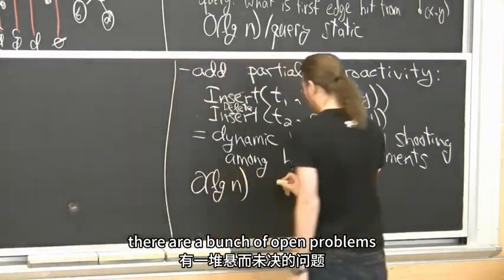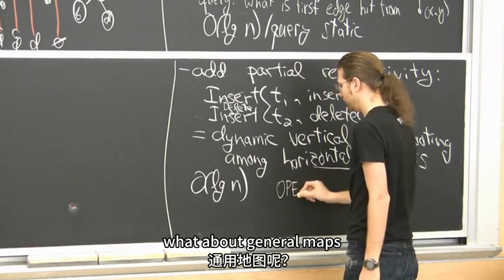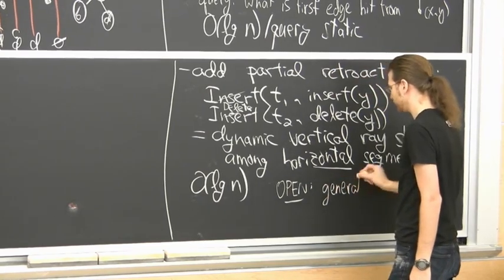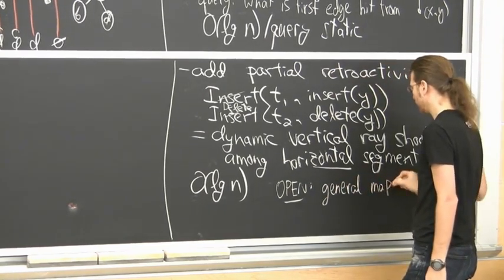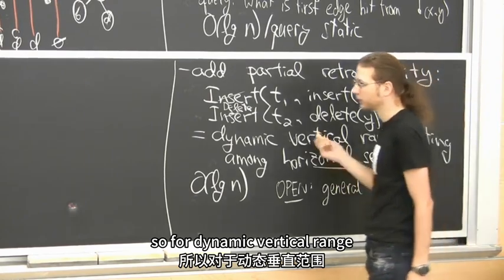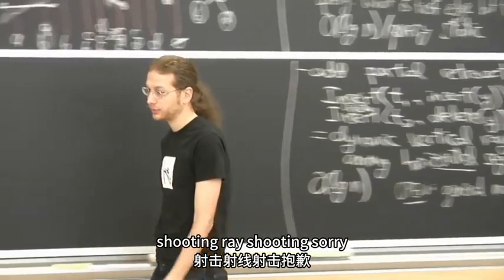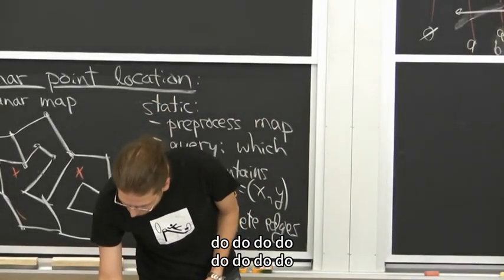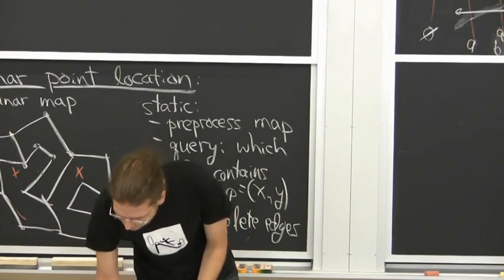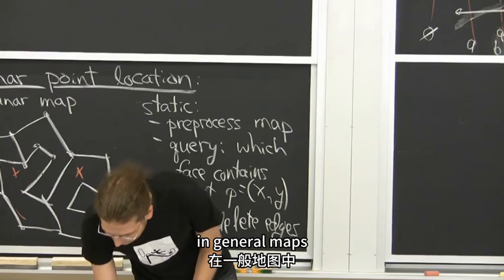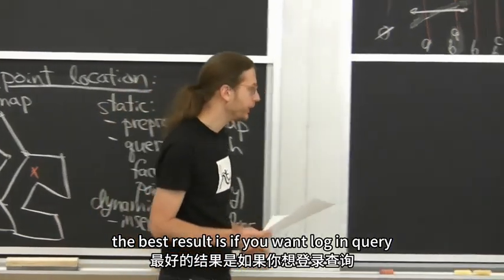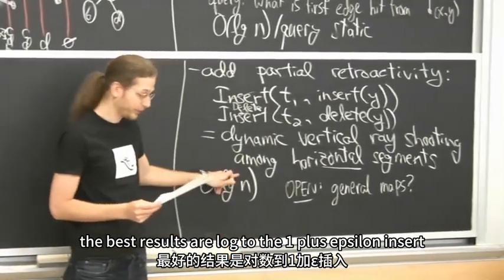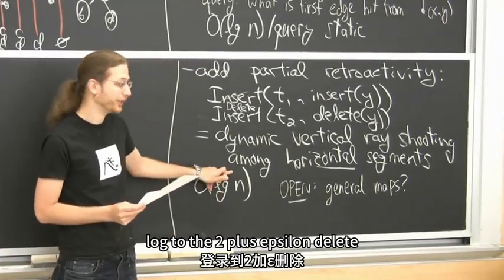There are a bunch of open problems. What about general maps? So for dynamic vertical ray shooting in general maps, the best result is, if you want log n query, the best results are log to the 1 plus epsilon insert, log to the 2 plus epsilon delete.